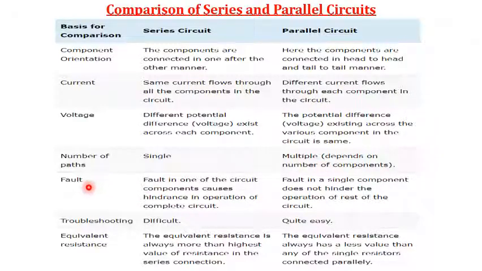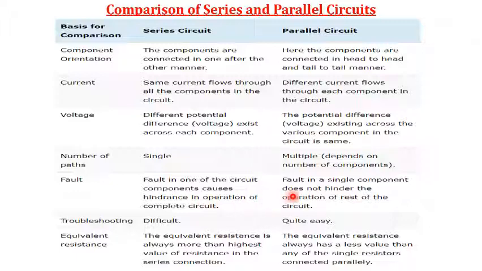Now here, a fault in one of the circuit components causes hindrance in operation of the complete circuit. In a parallel circuit, a fault in a single component does not hinder the operation of the rest of the circuit. Hinder means disturb. In a series circuit, if any fault occurs in any component, it will disturb the complete circuit.